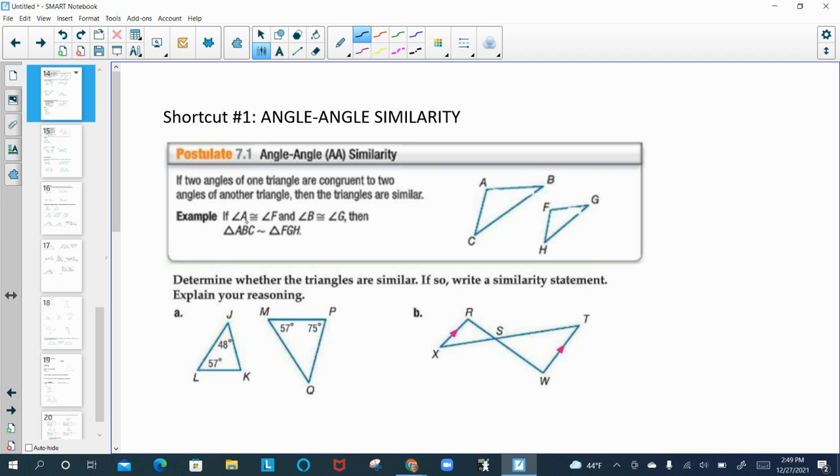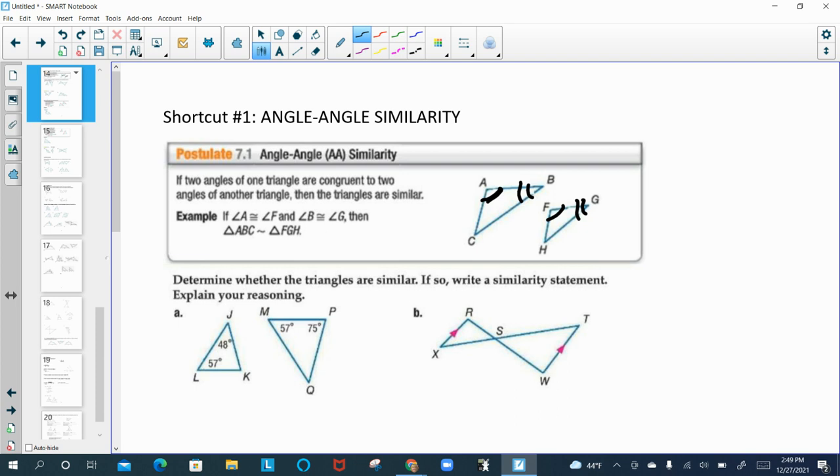So in this case, if angle A is congruent to angle F and angle B is congruent to angle G, then triangle ABC is similar to triangle FGH. And that's all you need. You just need 2 pairs of angles.